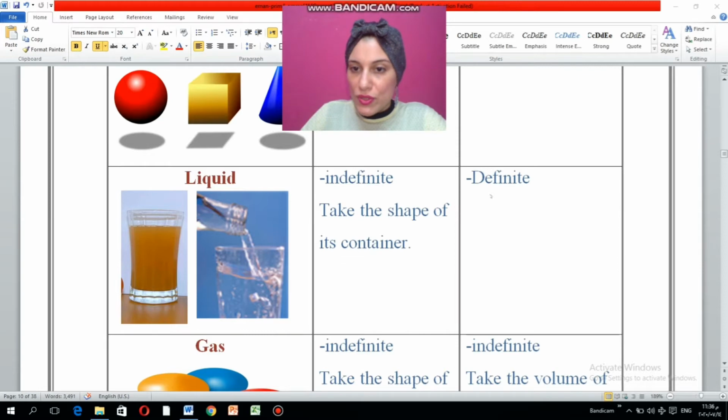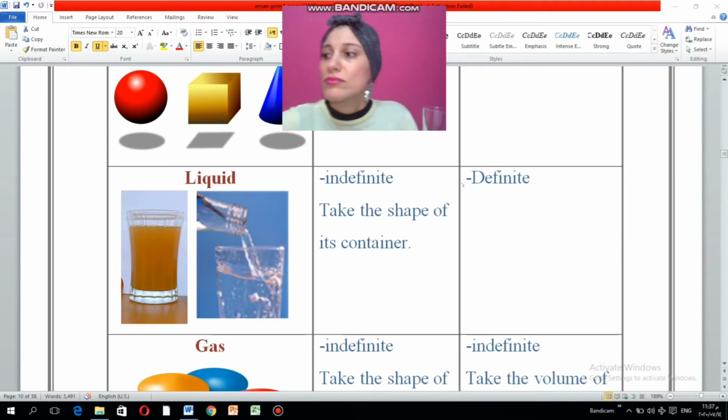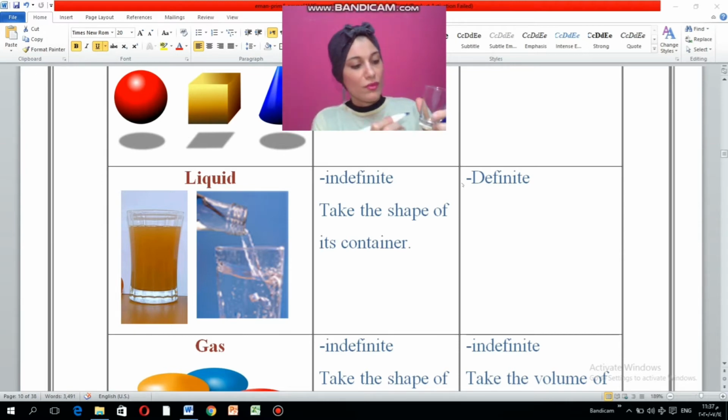Now we will talk about its volume. We measured the volume of liquid in last lesson when we put it in the cylinder. The cylinder has a measurement, it has lines like this. Here it is, a cylinder. For example here we say 1 cubic centimeter, 2 cubic centimeter.